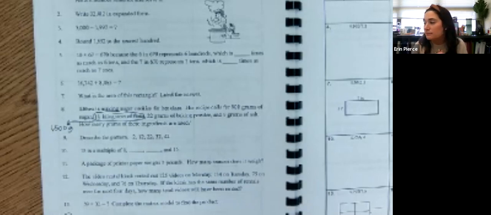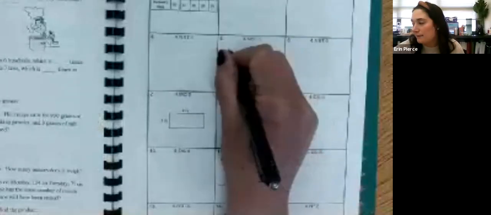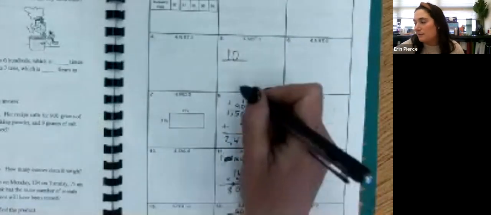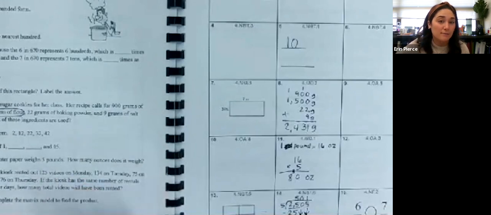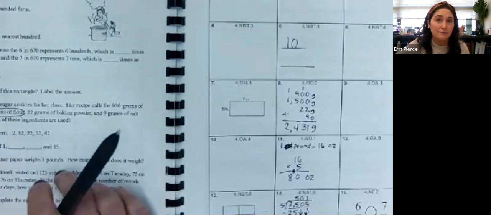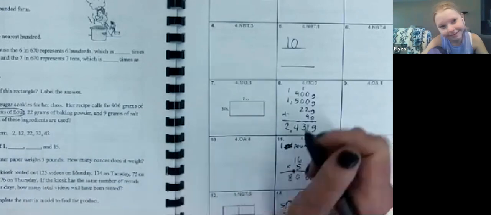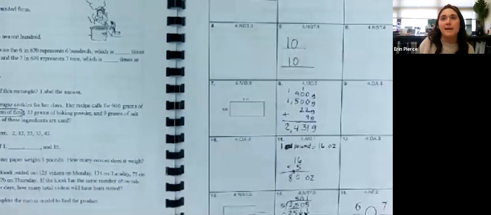Eliza. 10. So my first blank would be 10. I'm going to draw my second blank. And the 7 in 670 represents 7 tens, which is blank times as much as 7 ones. Eliza? 10.